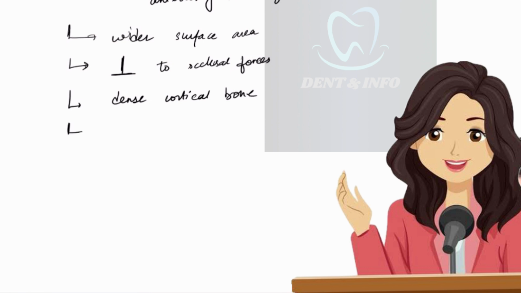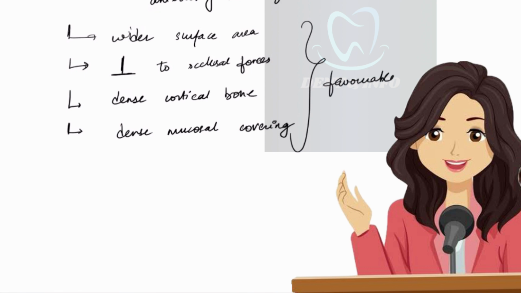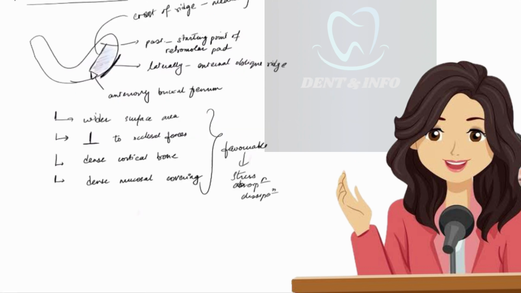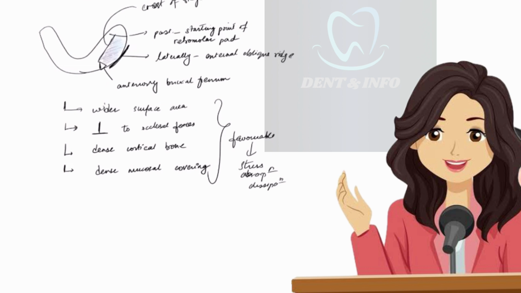Then a dense mucosal covering, which is helpful. All of these are favorable factors which help with stress absorption and dissipation. This is why the buccal shelf area is considered your primary stress bearing area.